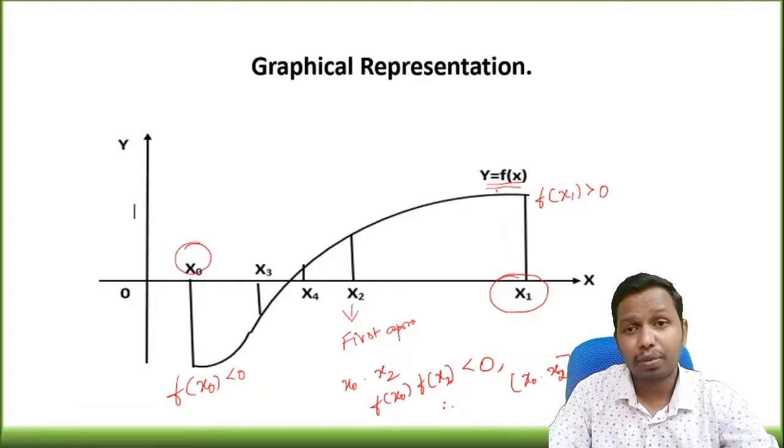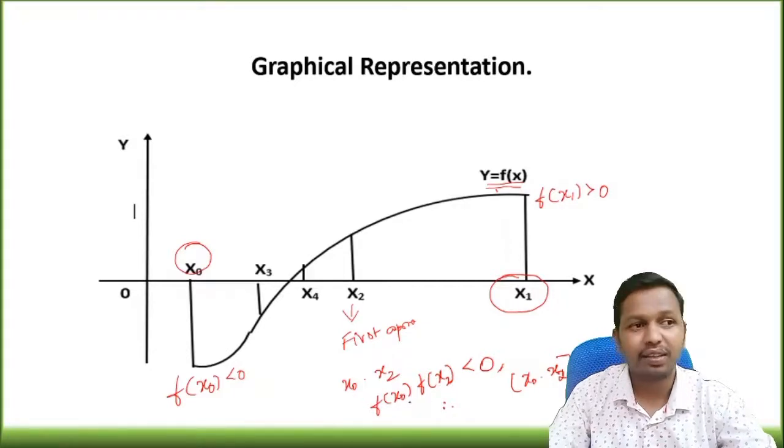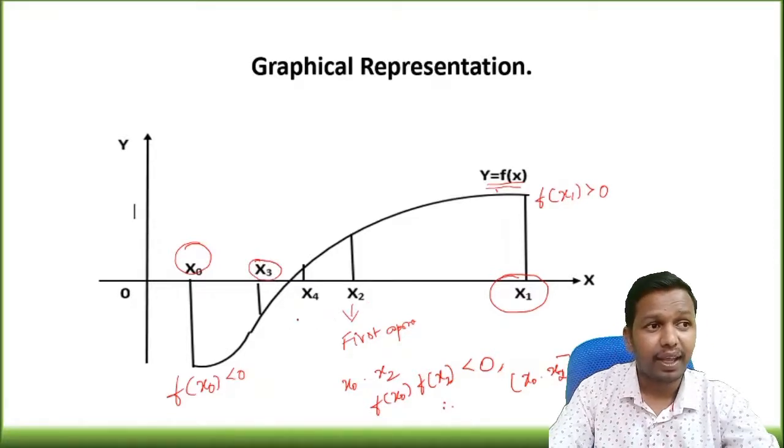So next approximation I take as x3, that is the midpoint of x0 and x2, that is x3 is the second approximation. Observe here, the functional value of x3 is less than 0, that is negative. Hence we have to neglect the value of x0.